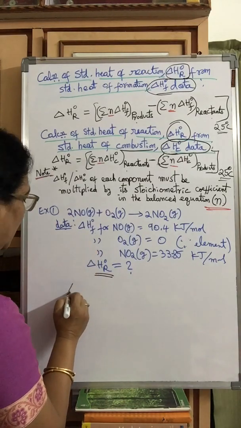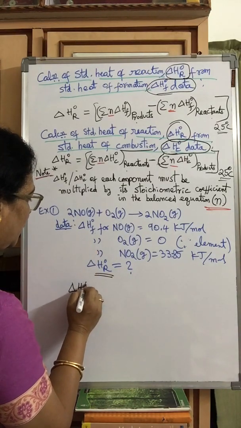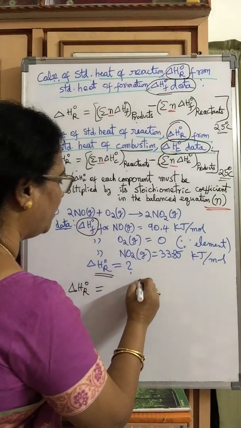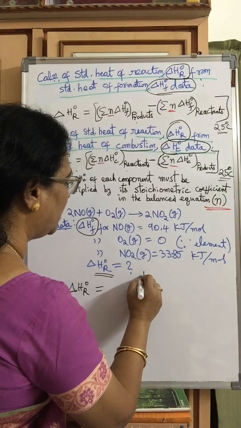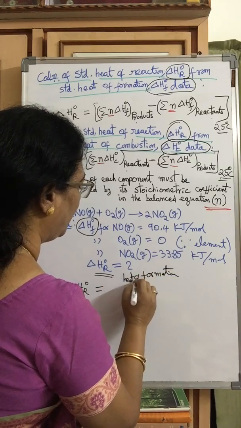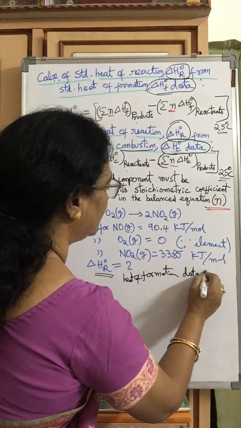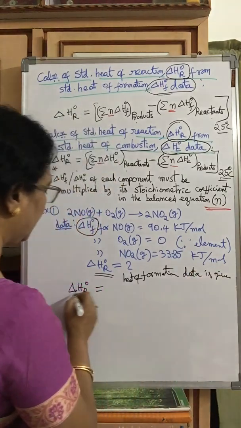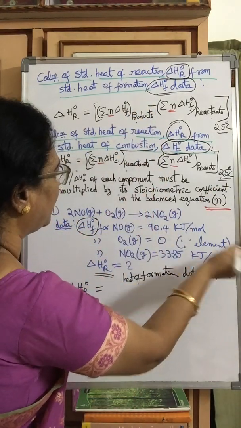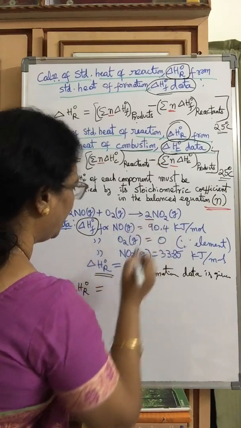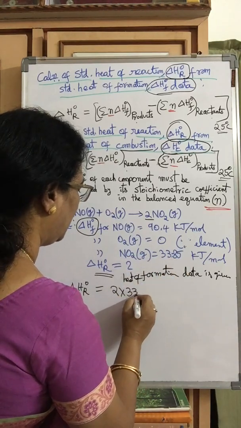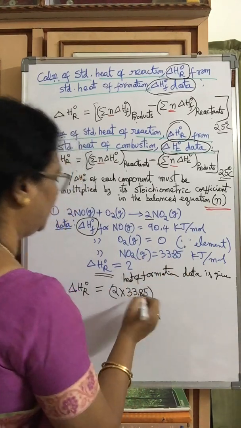So now delta HR naught is equal to, because formation data is given, products minus reactants. The product is 2NO2, so its stoichiometric coefficient is 2, into the heat of formation of NO2, 33.85.